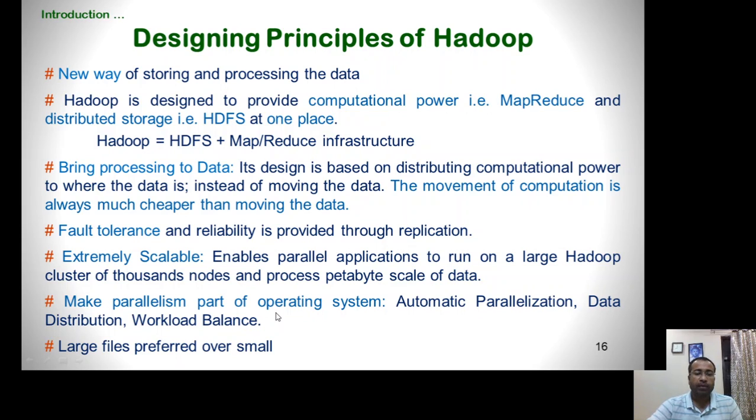The next point is to make parallelism part of the operating system. That is automatic parallelization, automatic data distribution, automatic workload balance.